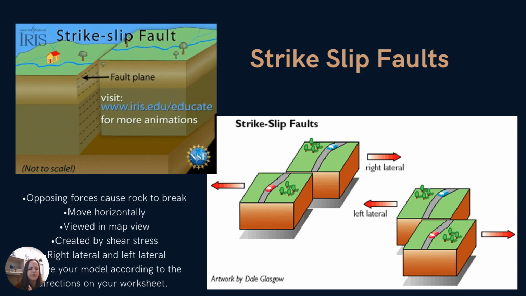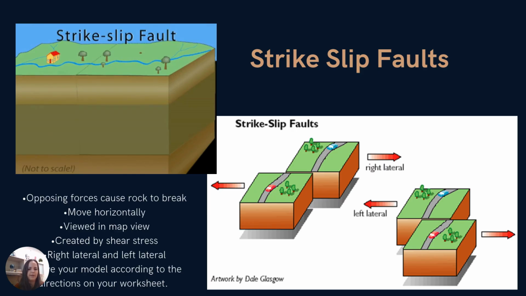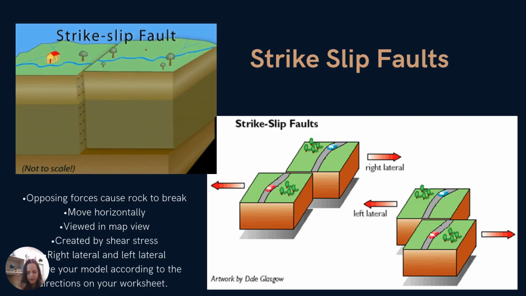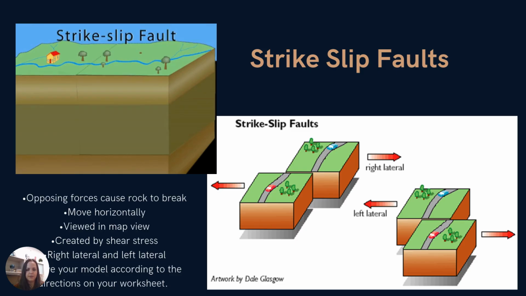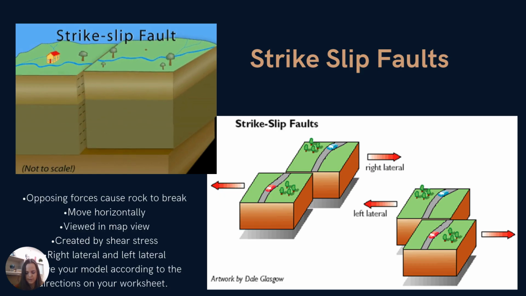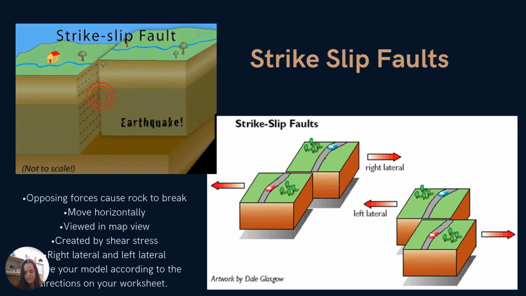So again, these are driven by shear stress. They can be right lateral, or left lateral. And you're going to move your little block model according to what I say. So we are going to first create a right lateral strike slip fault. If you look there on the left-hand side, we have a right lateral strike slip fault, okay?